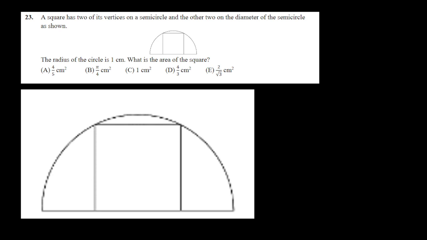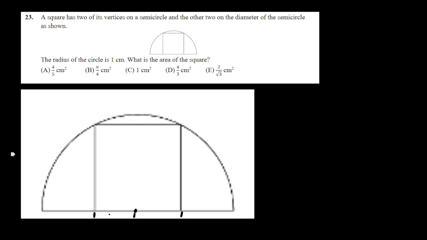Okay, so first, we are going to label the center of the semicircle, the origin of the semicircle, and that's the black dot. Since the square is inside the semicircle and its vertices are touching the semicircle, we can say that the distance from the origin to one end of the square is the same as the distance from the origin to the other side of the square.